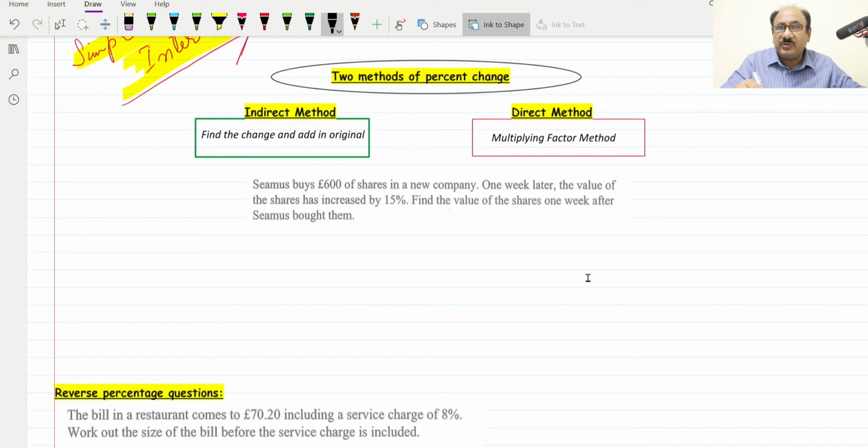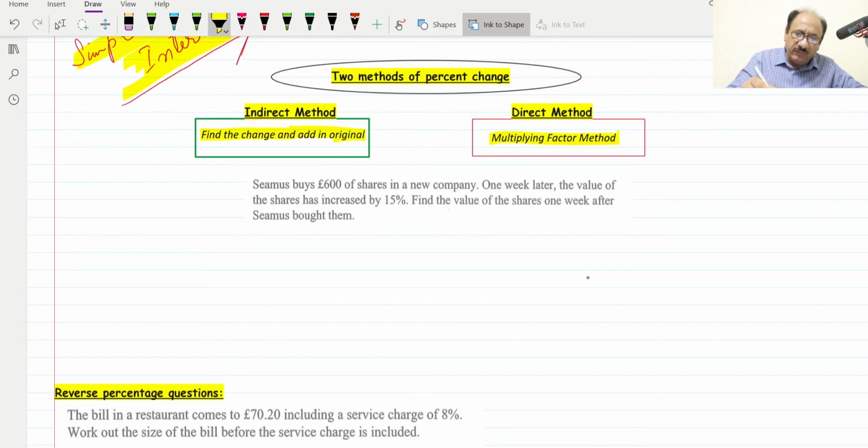We can calculate percentage change by two methods. One, I have termed the indirect method, which is finding the change and adding it to the original one, and the second is the direct method, or multiplying factor method.